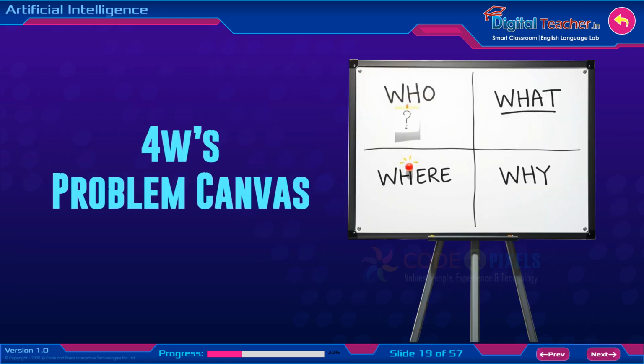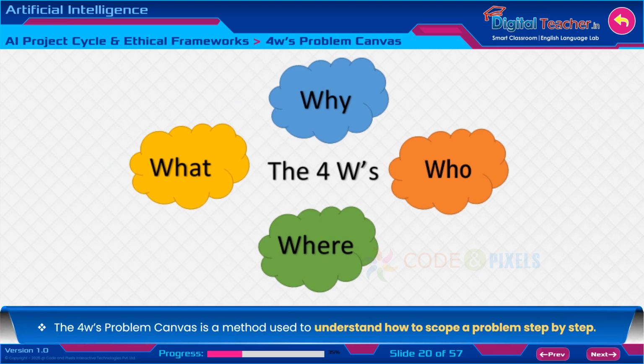4Ws Problem Canvas. The 4Ws Problem Canvas is a method used to understand how to scope a problem step by step. It helps in identifying 4 important factors that are necessary for solving a problem.